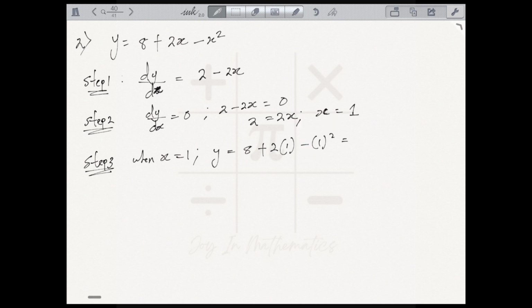And this will give us 9. Therefore, the coordinate of the turning point is 1, 9.